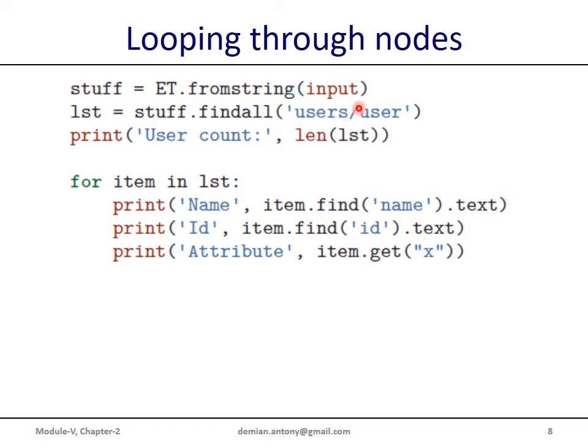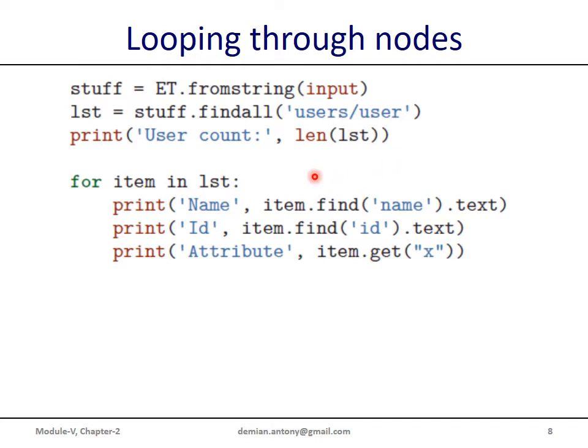And if you want to know how many elements there are with user, len will return the number of DOM elements. So findall returns a list of DOM subtrees, not a single element. It returns a list of DOM trees having the element user under users.